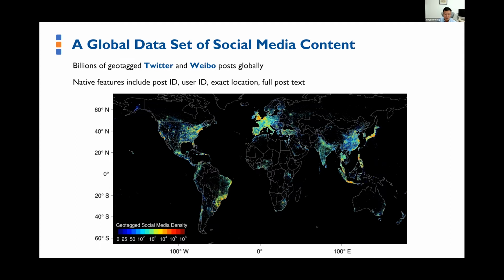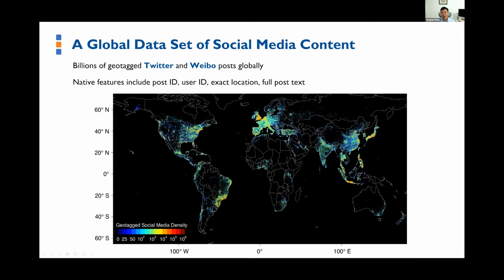This figure shows the spatial distribution of the posts, including both Twitter and Weibo, we collect globally. You can see there is some oversampling in developed regions like the USA, Europe, Japan, and China, but in underdeveloped regions such as Africa, the data is sparse, right?